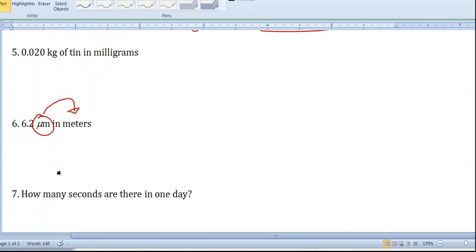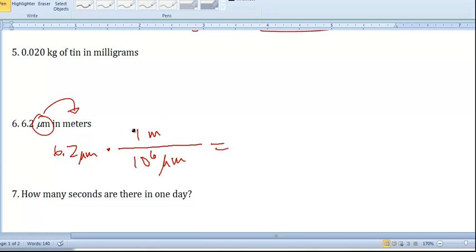So once we're back here, when you set up the conversion factor, you just reproduce the number 6.2 micrometers times the fraction, so that's going to be 1 meter over 10 to the 6th micrometers.